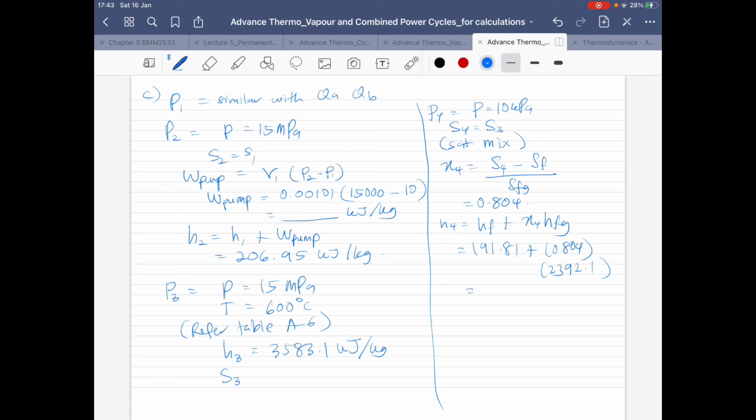Okay, then we get the value of H4, and then we calculate Q in and Q out exactly the same.